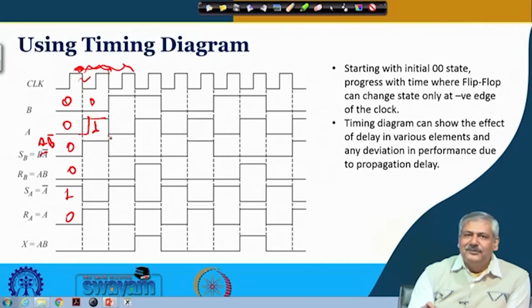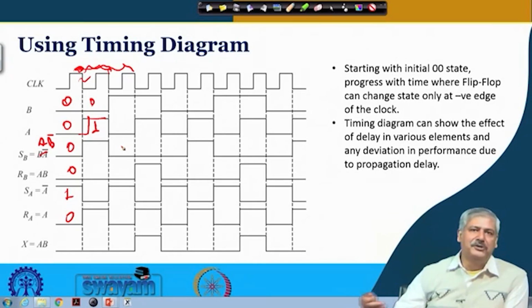And if the delay is cumulative, or is something by which the circuit can malfunction or give some undesirable result, that is better manifested through the timing diagram based representation, but not by others. This is the usefulness of the timing diagram based representation, and we shall see such cases in future when we study other sequential logic circuits.